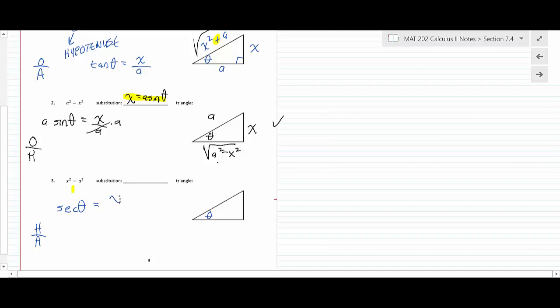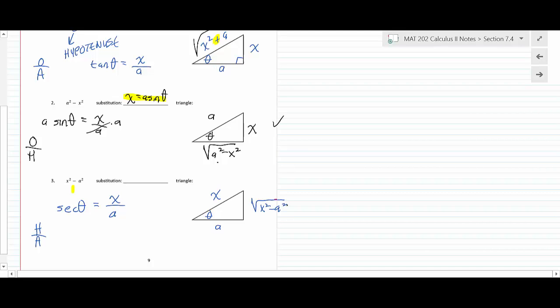You want the x there, so you always want it as x over a. If you keep that in mind, it'll help you remember this. So where's the x go? Hypotenuse, right? Where does the a go? Adjacent, so it's got to go that way. And the leftover one would be the square root of x squared minus a squared like that.